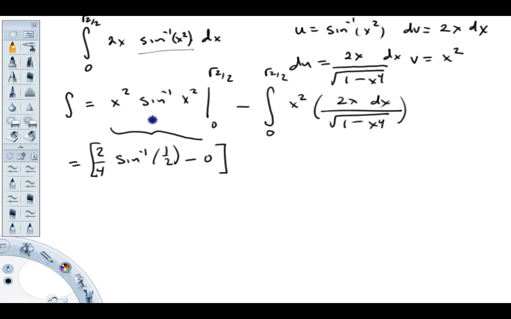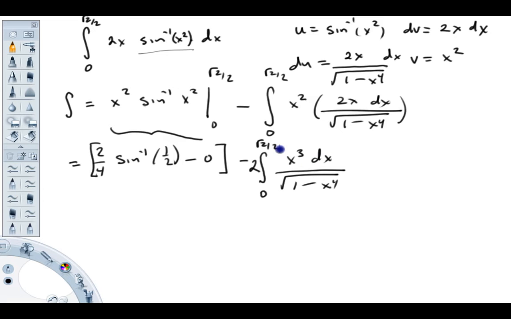So this is just the evaluation of this antiderivative at these boundary conditions. Minus integral. Now let's see, this 2, why don't we bring that out in front? Then we're left with integral x to the 3rd dx over square root 1 minus x to the 4th. And again, this is from 0 to root 2 over 2.